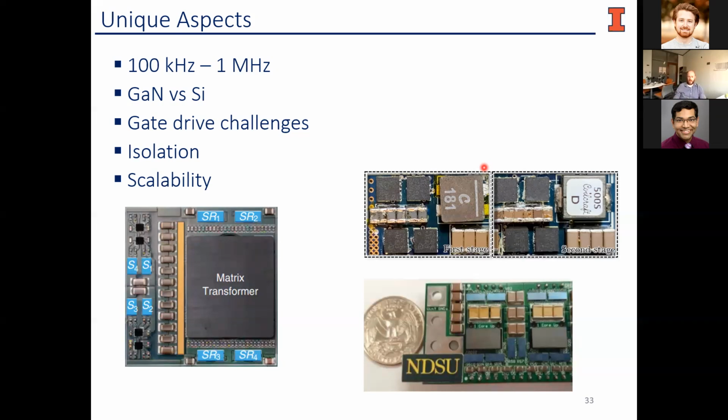With the LLC, you have to interleave in these big blocks. You can't just naturally add on more interleaved output stages without scaling your transformer as well, and that becomes very challenging. So all of these designs have unique challenges when it comes to how they might scale to either higher voltages or higher power.